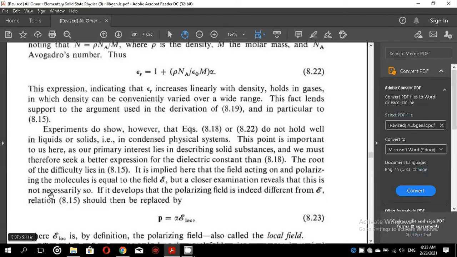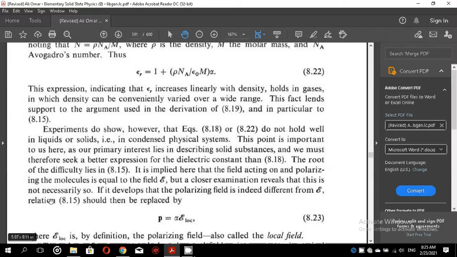This expression indicating that epsilon r increases linearly with the density holds in gases in which density can be conveniently varied over a wide range. This fact lends support to the argument used in the derivation of equation 8.19 and in particular to equation 8.15.